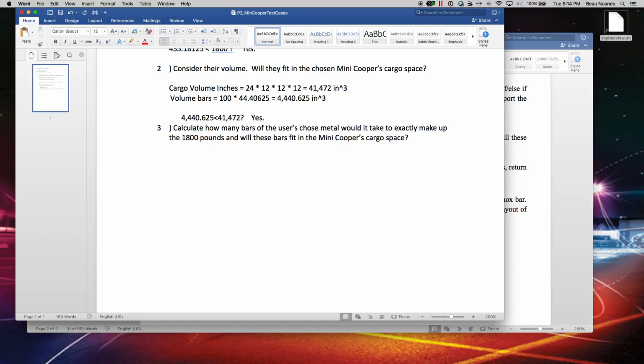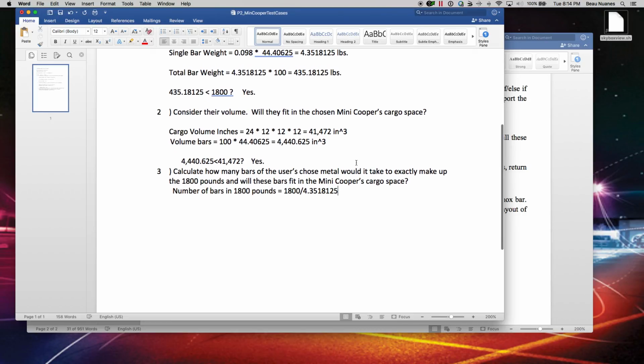So, in this case, the number of bars in 1,800 pounds would be equal to 1,800 divided by the weight of a bar, which for aluminum is 4.3518125, which we calculated up here, right? So that'll give us 413.62076146.